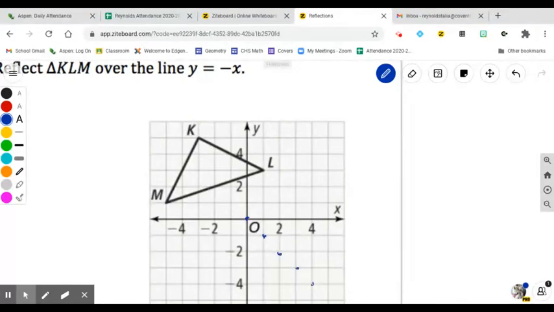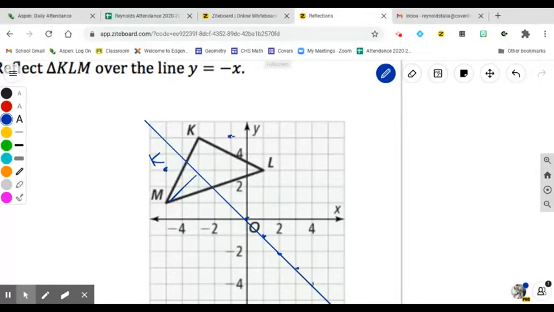So let's see. Okay, perfect. So now again, you can count diagonal boxes. K is one diagonal box, so K prime would be one diagonal box. M is 1, 2, so M prime would be 1, 2.